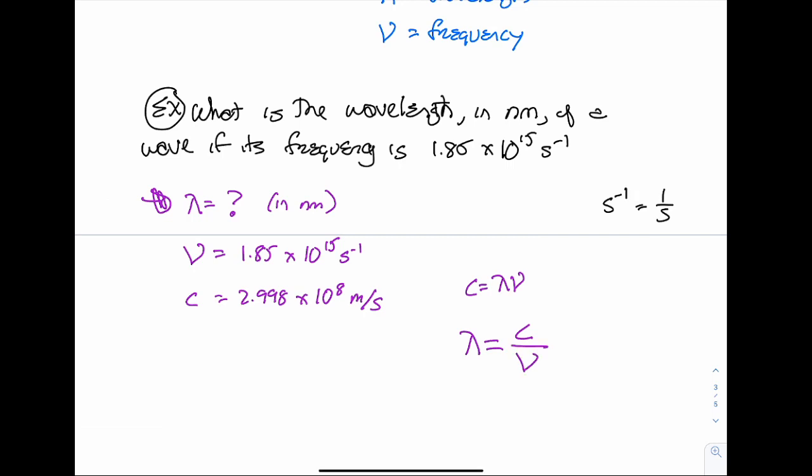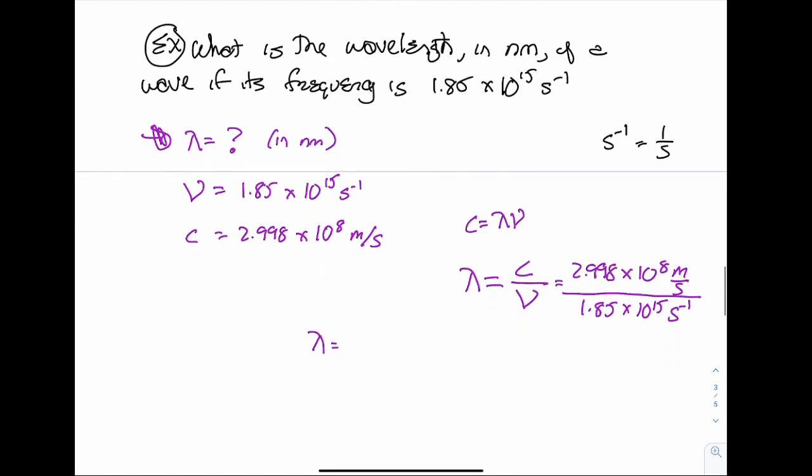And then I can just plug everything in: 2.998 times 10 to the 8th meters per second divided by my frequency. Then my per seconds are going to cancel, and I'm going to be left with meters, so we'll write that over here, and then we'll do our conversion. So I'm grabbing my calculator.